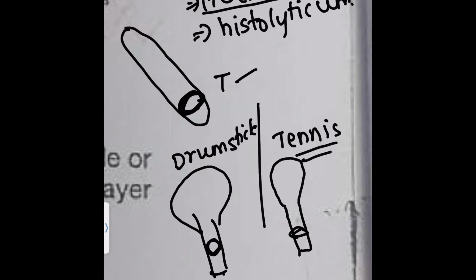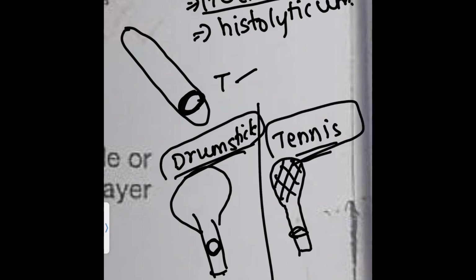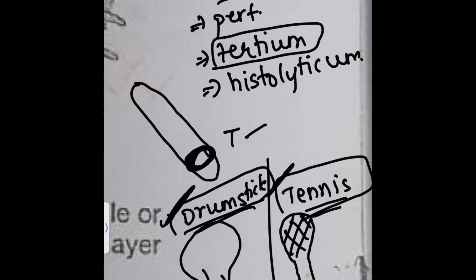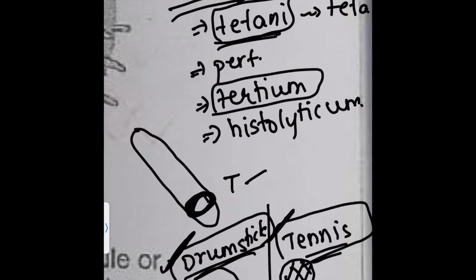They are not actually drumsticks or tennis rackets, but under the microscope they give that appearance because of the terminal spore.